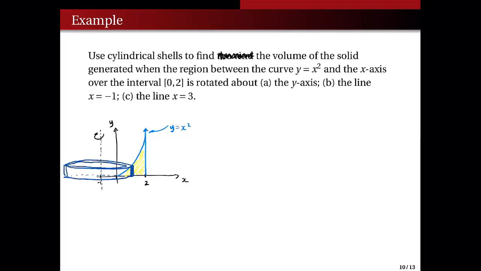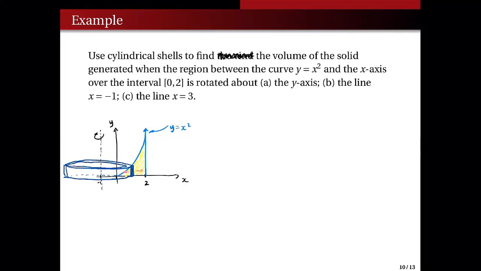And then the motion, look at this, it's still from right to left, or left to right. So the motion of the strips is still horizontal. Therefore, the limits of integration will be 0 and 2.